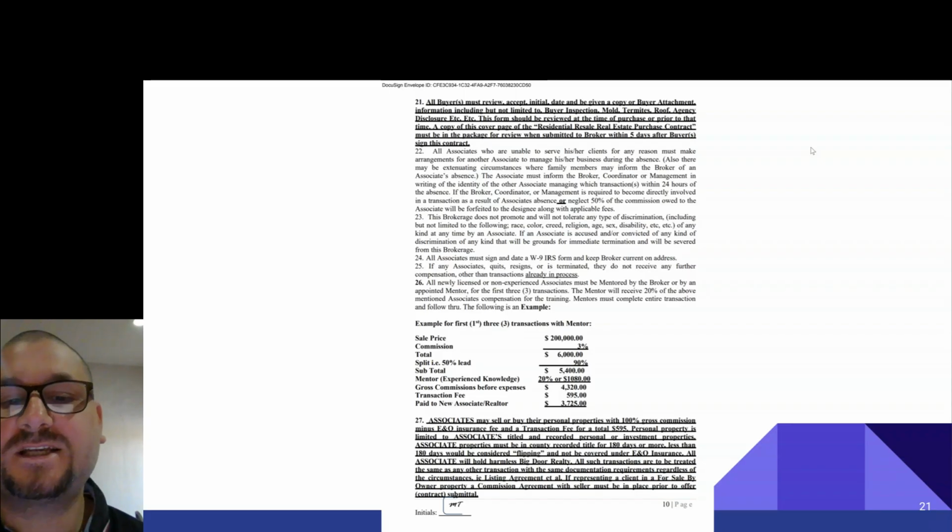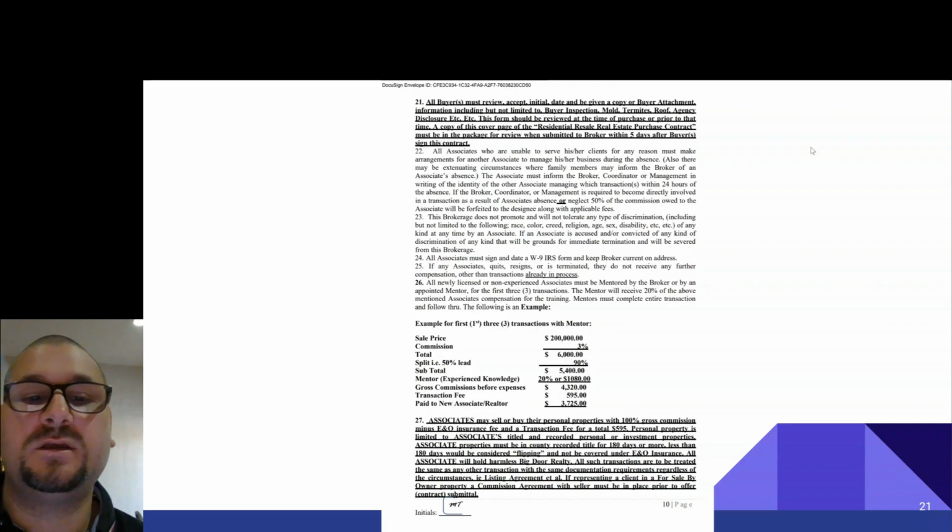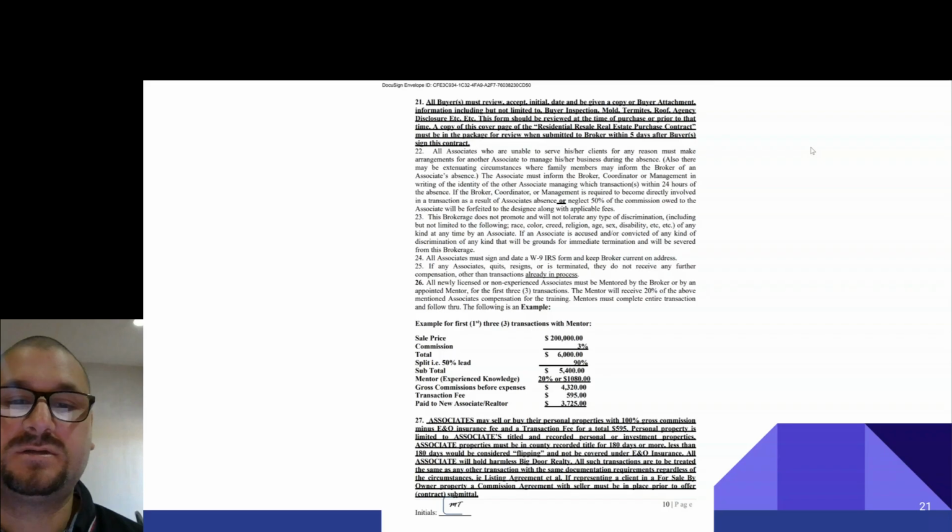The transaction fee is $595, right? There's a transaction fee on your commission of about $595. So 43.20 minus 595 is 37.25. So that's paid to the new associate realtor. So that is the breakdown.